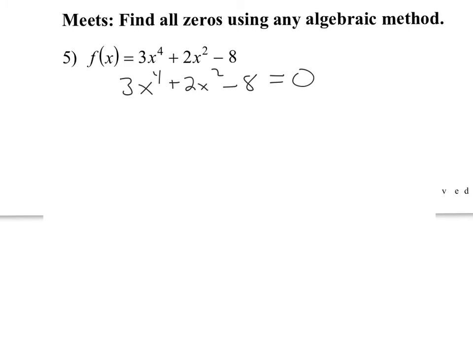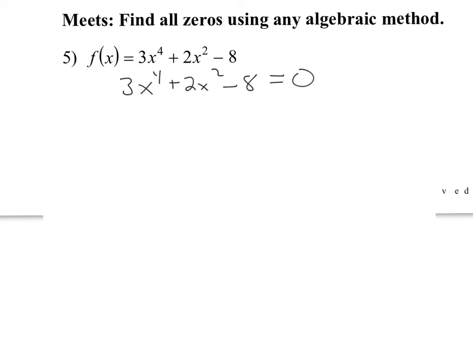This is going to actually be a factoring problem. The way these ones are set up, it says using any algebraic method, we are going to be able to factor this problem. So the first thing, sometimes it just helps for me to get it started, and you'll see where this is headed.